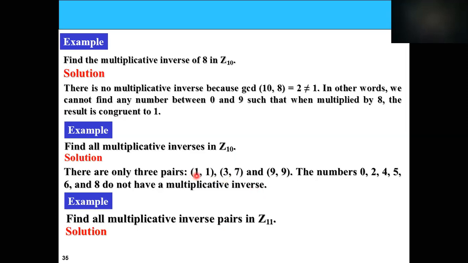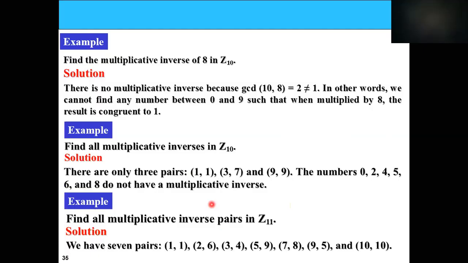So 1, 3, 7, and 9 have GCD 1 with 10, so they have multiplicative inverses.